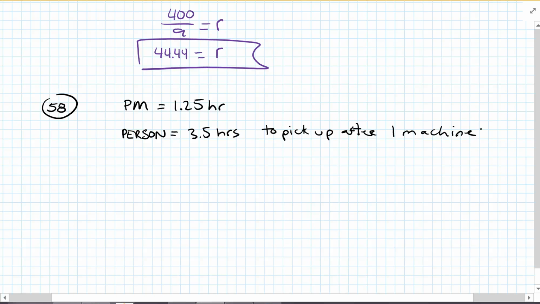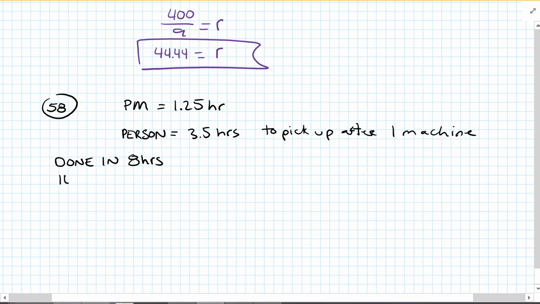At least how many attendants must we have working at the same rate to pick up the baseballs from 10 machines that are retrieved in less than 8 hours? Okay, so we need to be done in 8 hours.